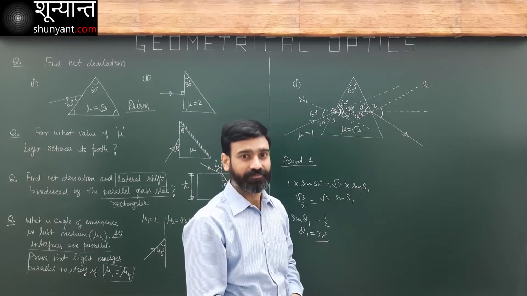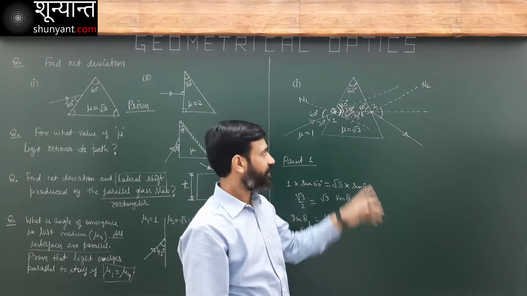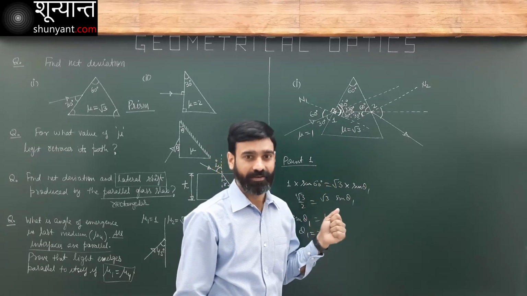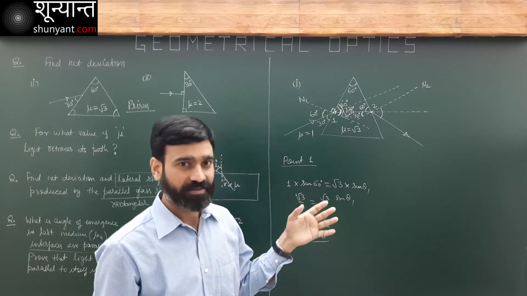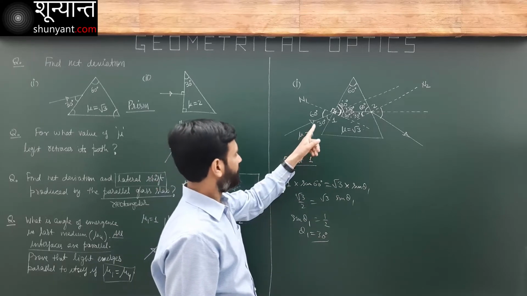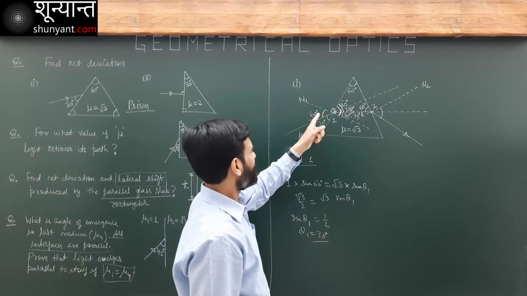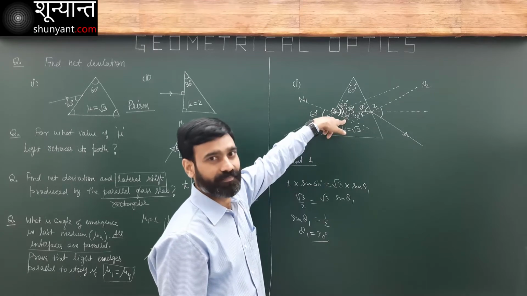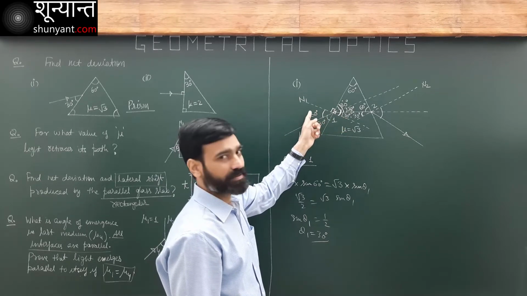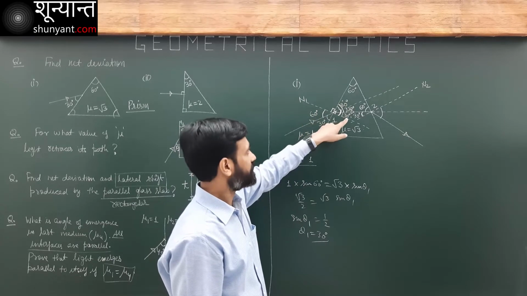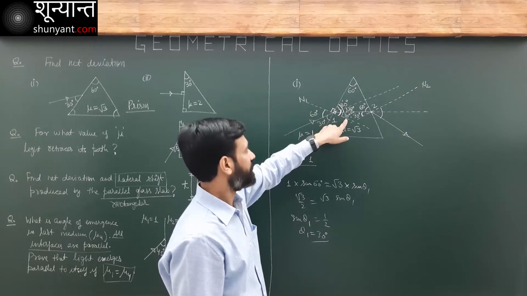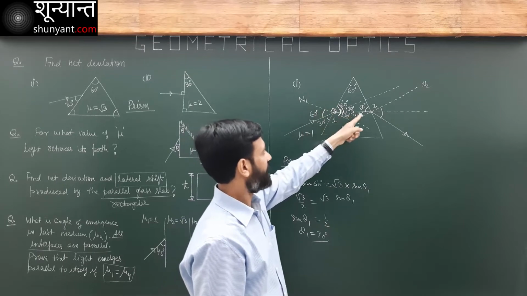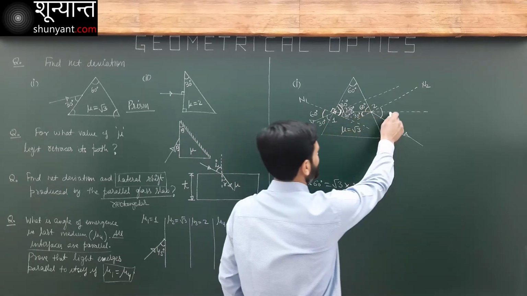What will it be? Can we find it directly? Directly we can find it here, in this case, not in every case. Look at this. Angle in air is 60, angle in glass is 30. Glass 30, air 60.